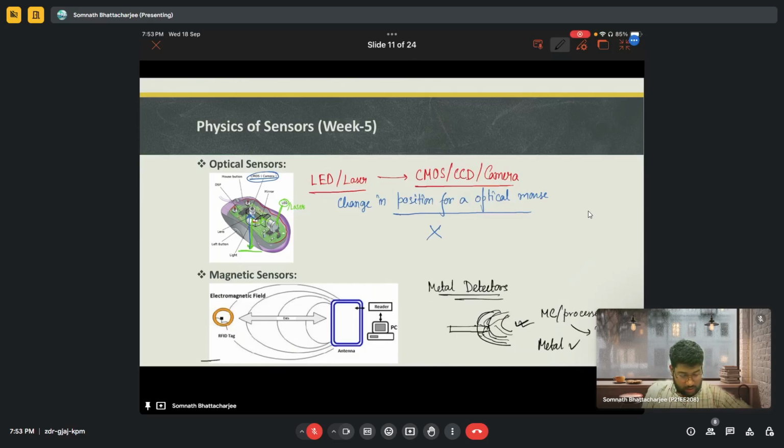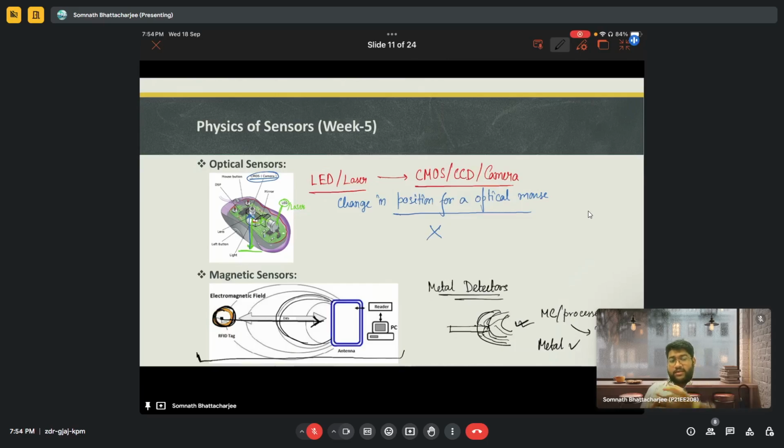Similarly, an RFID tag works, right? What happens in an RFID tag? There's an antenna which is giving electromagnetic signals, and when the RFID tag interacts with the electromagnetic fields, it shares its data with the antenna itself.